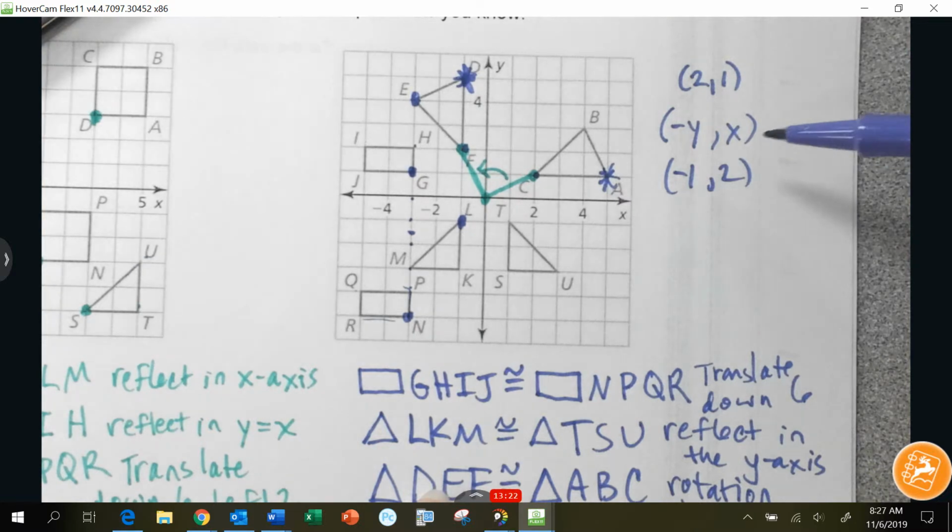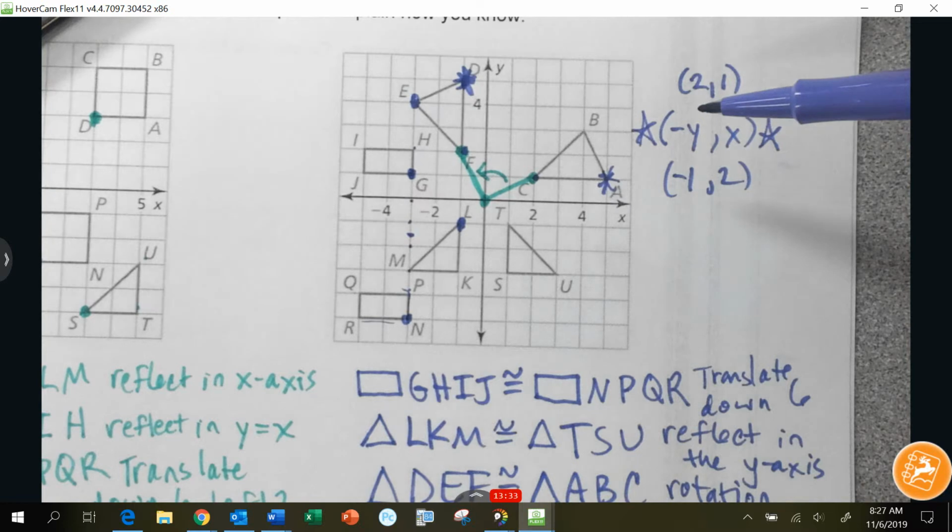Okay. Speaking of these rules, I talked to the other geometry teachers, and this is not something that's given to you for the AIR testing.